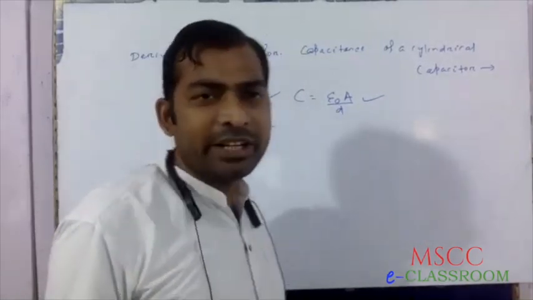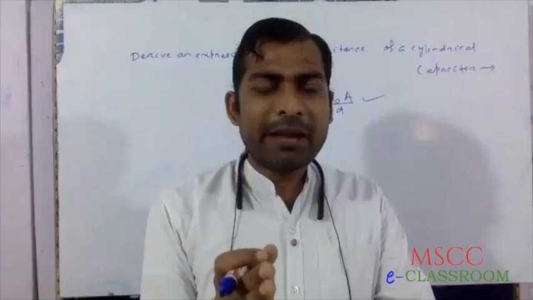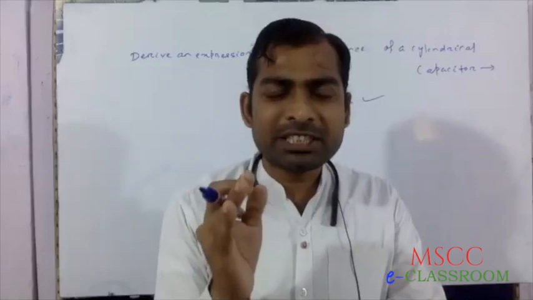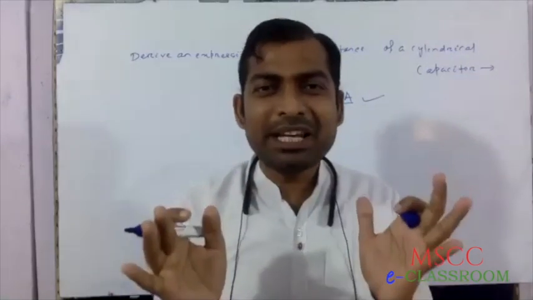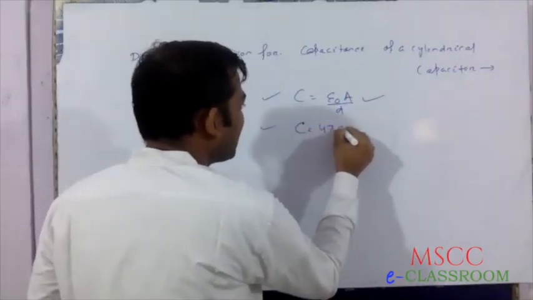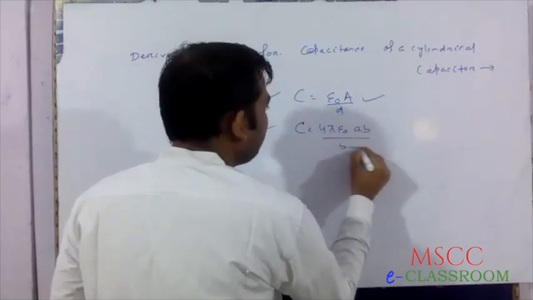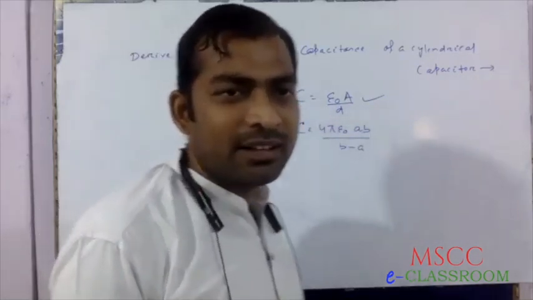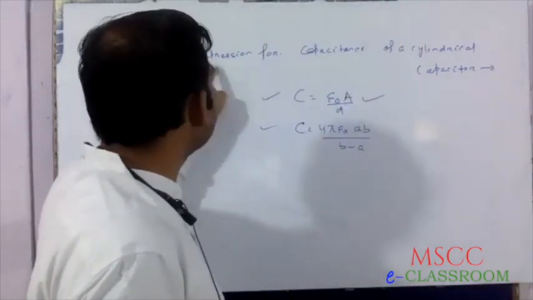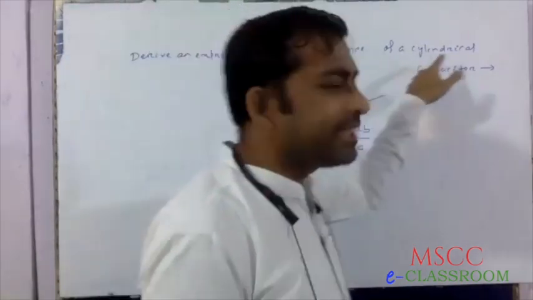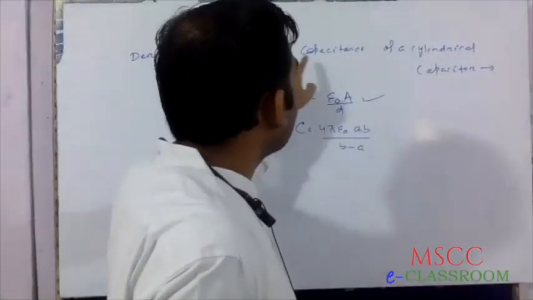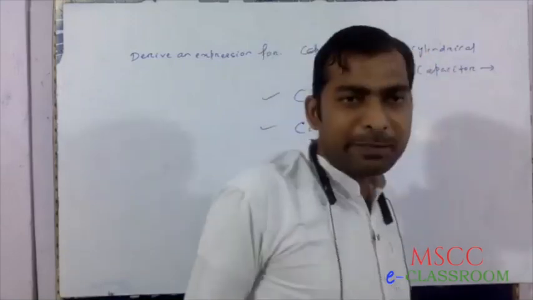Yesterday I studied: derive an expression for capacitance of a spherical capacitor, that is C equals 4 pi epsilon naught AB by B minus A. And the last one is: derive an expression for capacitance of a cylindrical capacitor.